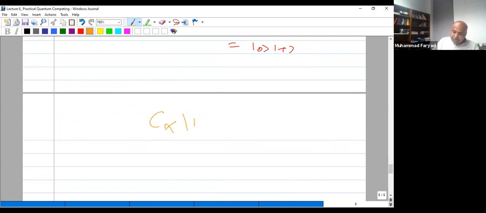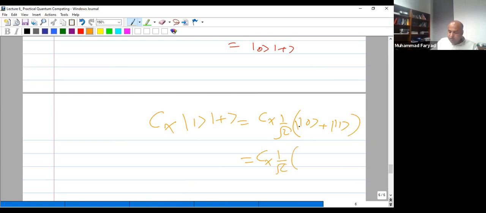My control is in 1 state and my target is in plus state. So in this case, I get CX applied to 1 over square root 2, (1, 0 plus 1, 1). Control 1, target flipped, 1, 1.